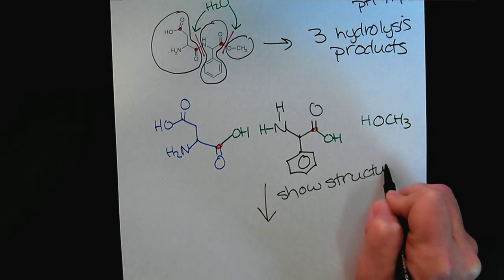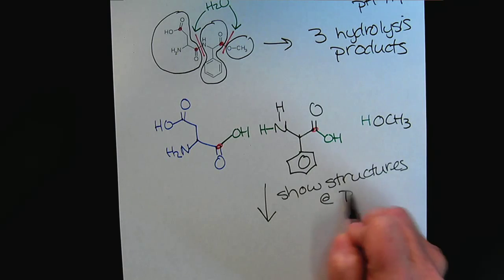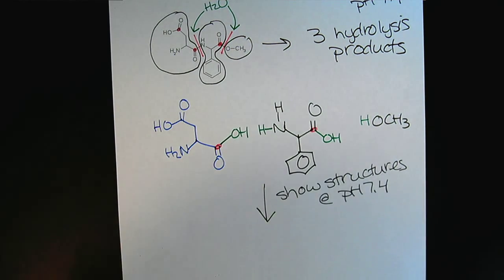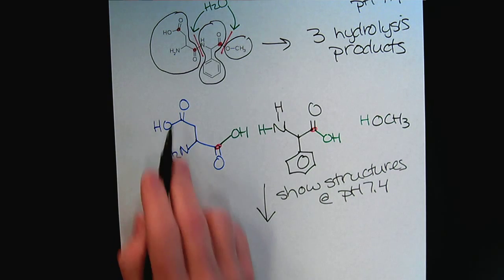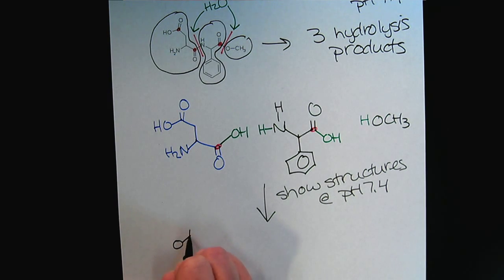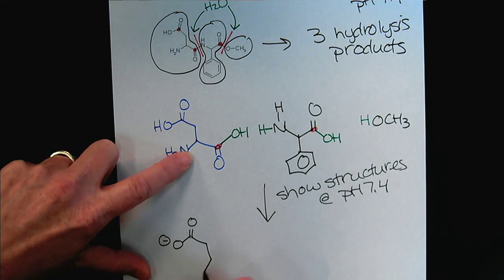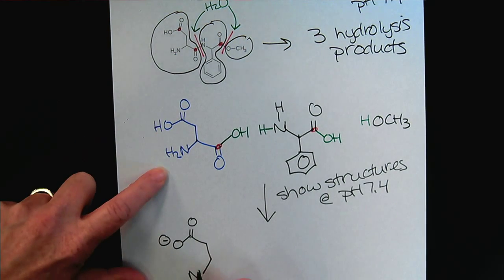So show structures at pH 7.4. Remember, here we're only focusing on carboxylic acids and amines. For the carboxylic acids, we show those as carboxylates. And then the amines, we protonate those.